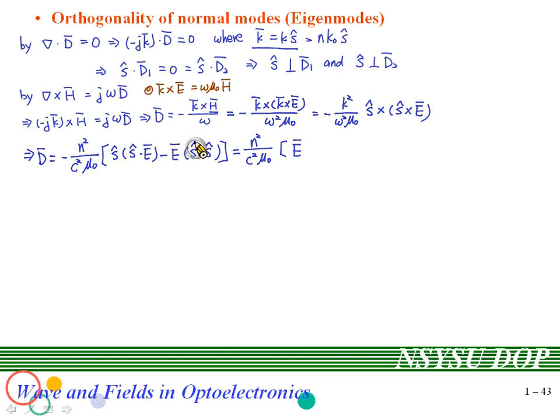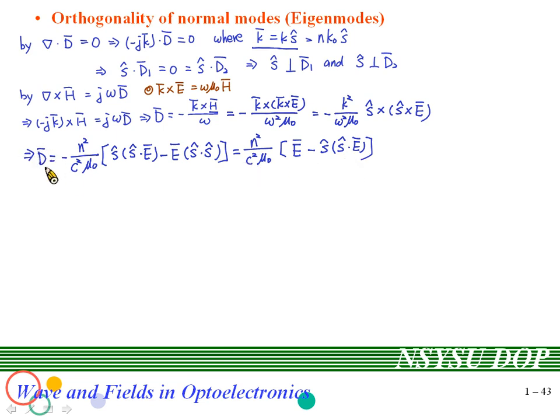And as we know, s hat is the unit vector along the k direction. So s hat dot s hat will give you the square of s hat. Since it is the unit vector, the square of s hat is just 1. And minus s hat times s hat dot E. This is the final expression for the D field here.